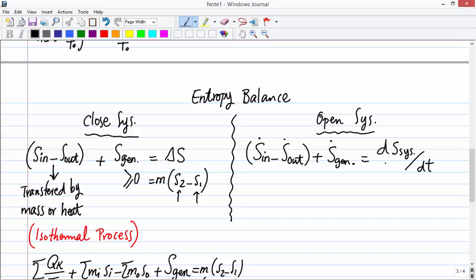And in the other form, it looks like summation over the rate of heat.